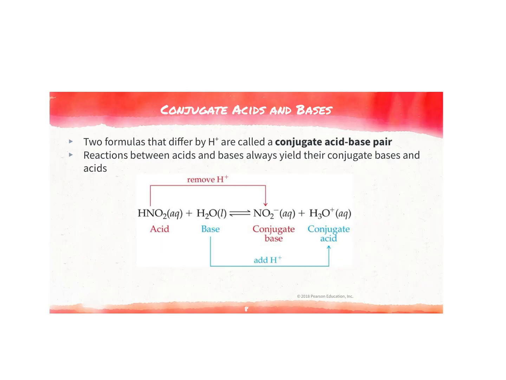We've talked about this a little bit before in Unit 4, but two formulas that differ by H+ and only H+ are called a conjugate acid-base pair. In this reaction, we have our acid, HNO2. You can see it loses H+, so it's an acid.